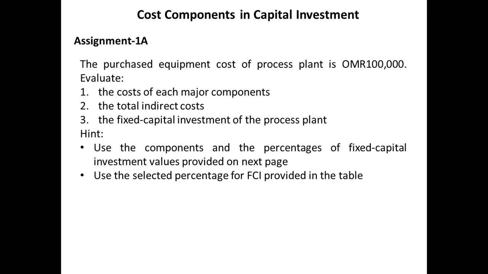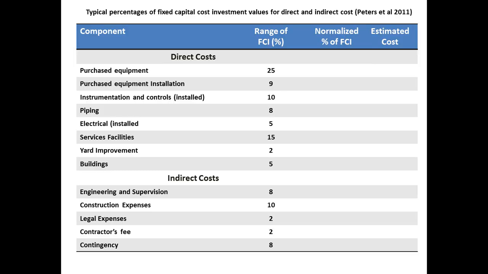This time you're going to find the cost of each major equipment, then the total indirect cost, and the fixed capital investment. The table is also a bit different. Instead of asking you to find the selected range using the average of the minimum and the maximum percent, I have given you the range here. So just use this range directly.